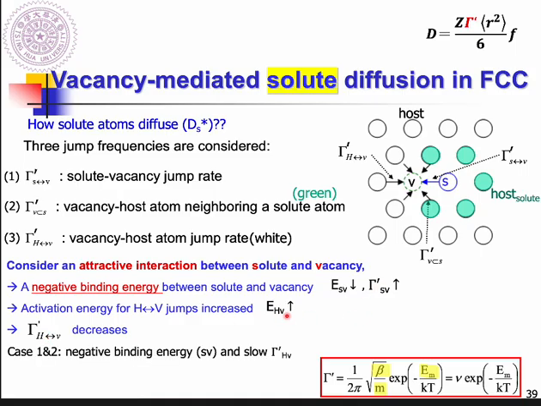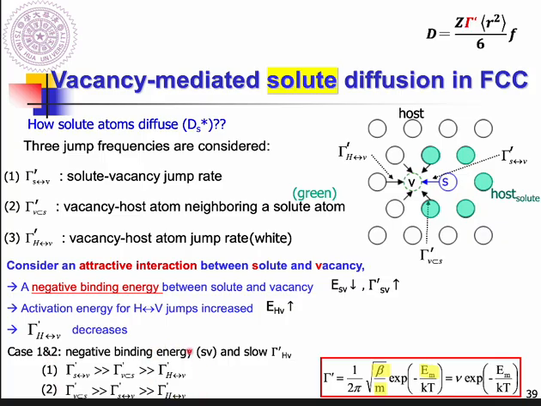So this one has a lower jump rate between the host and vacancy, and this one has a higher one. And we still have one more, the host atom surrounding the solute, so you can assume this is the lowest one. So we have two possibilities, case one and case two.